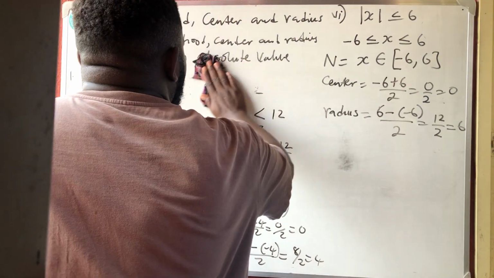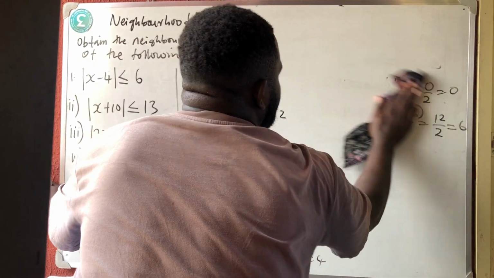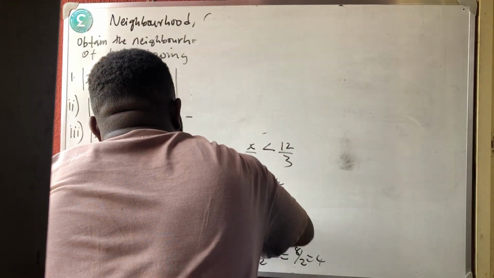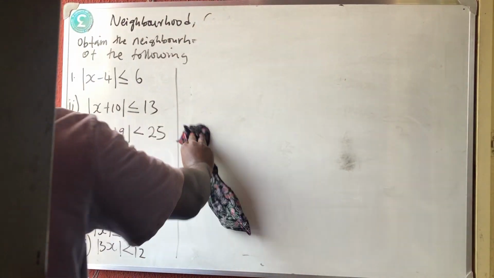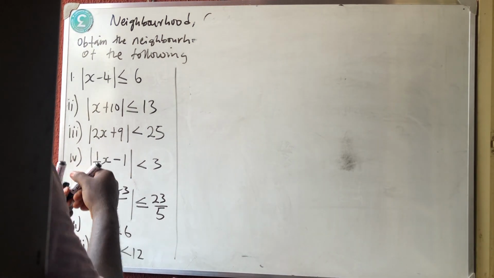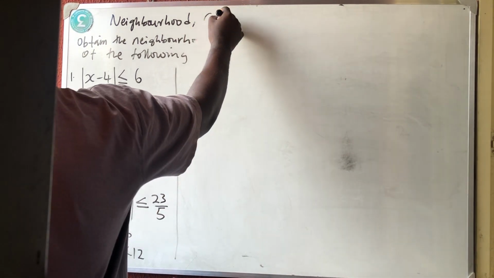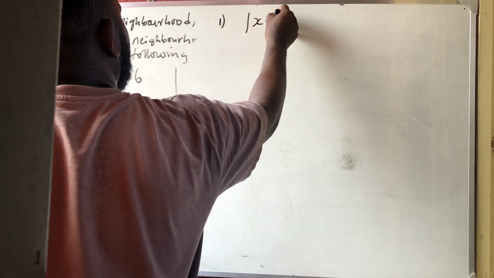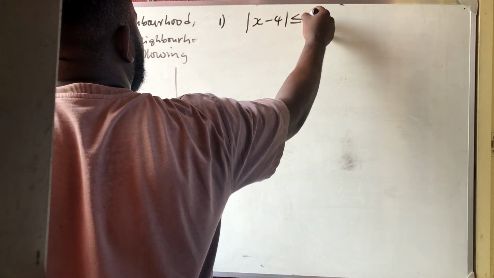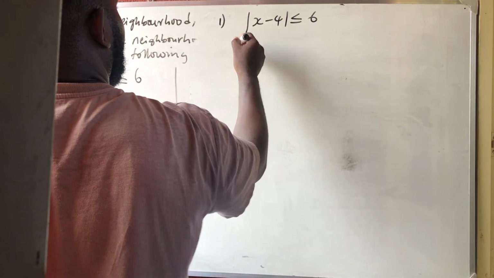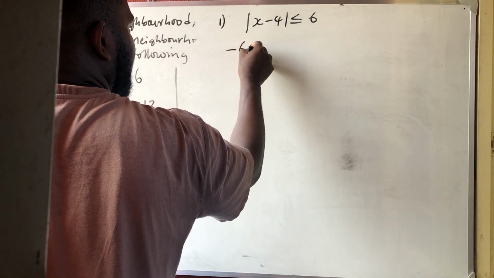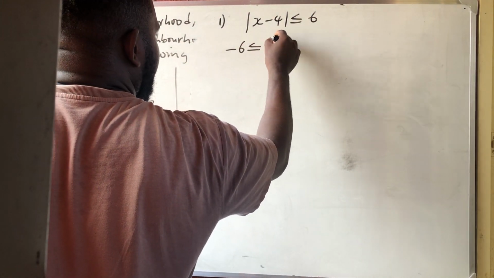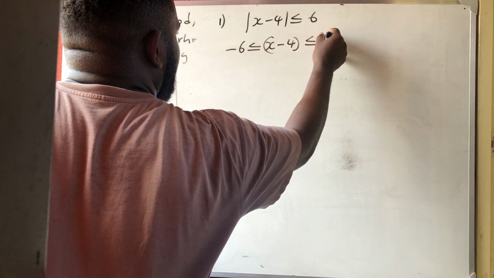Then let's do the next one. So let me now start from number 1. So I've done this and this. From number 1, I now have the absolute value of x - 4 is less than or equal to 6. So let's go. Separate it to have -6 is less than or equal to x - 4, which is less than or equal to 6.